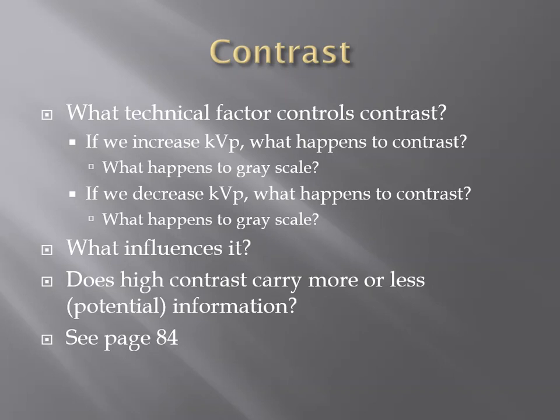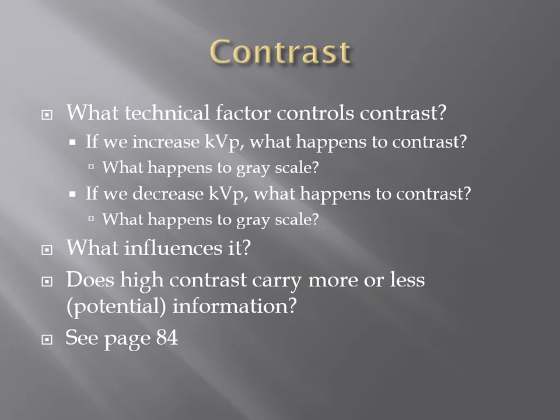So other things can influence contrast. Again, the technical factor that we say controls the contrast is your KVP. But there are other things that can influence it as well. If you change from single phase to a high frequency generator, then with a high frequency, what you get is a higher average beam energy, which is kind of like KVP, but it's not completely like KVP.